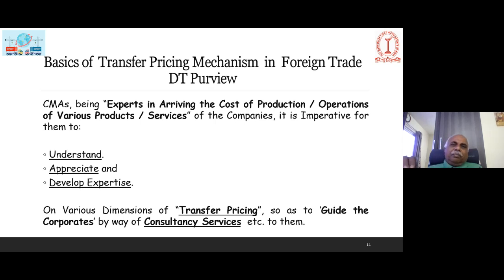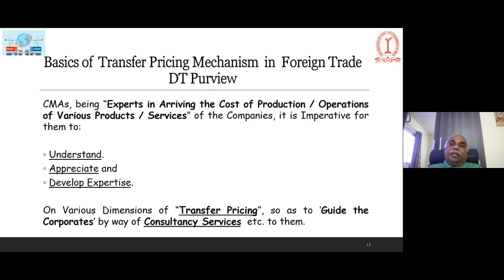It is required because once the transfer price mechanism is there, you are well versed, particularly in the case of cost of manufacturing or services, whatever the cost, they arrive at the cost for various entities. You are the best person on various dimensions.